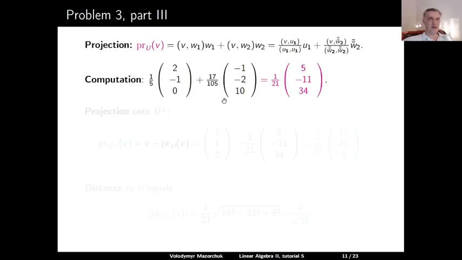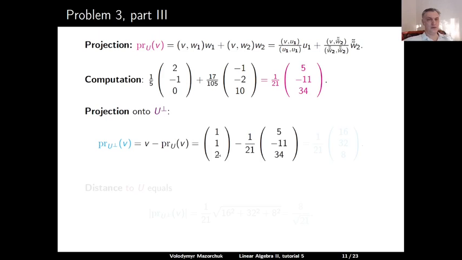In order to find the distance from the vector v to U, we need to find the orthogonal projection of v onto the orthogonal complement of U. So this projection is equal to the difference between v and the projection of v onto U. So v was (1, 1, 2), and the projection of v onto U was 1 divided by 21 times (5, -11, 34).